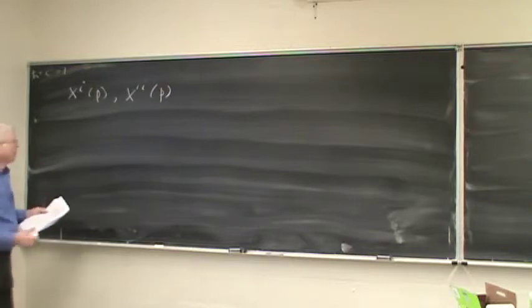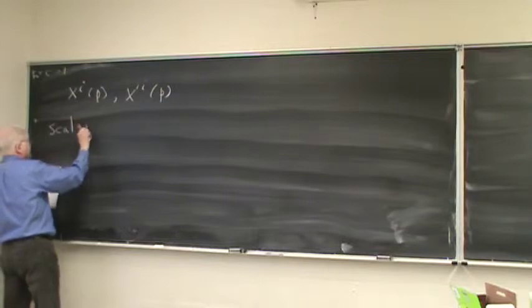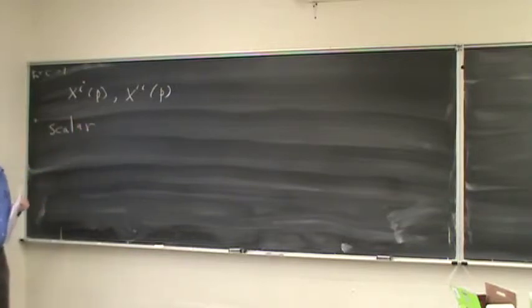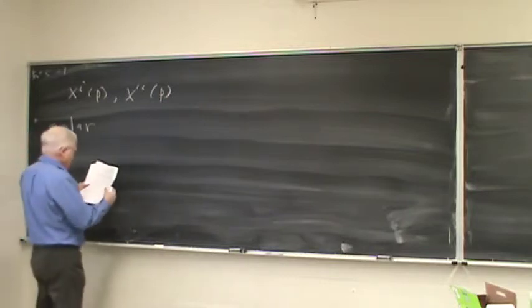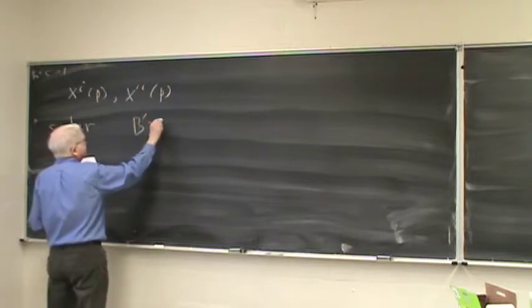And what is a scalar? For me, the hardest part of the concept of scalar is whether it is spelled with an E or an A. Anyway, it's a quantity such that in all coordinate systems it's the same.